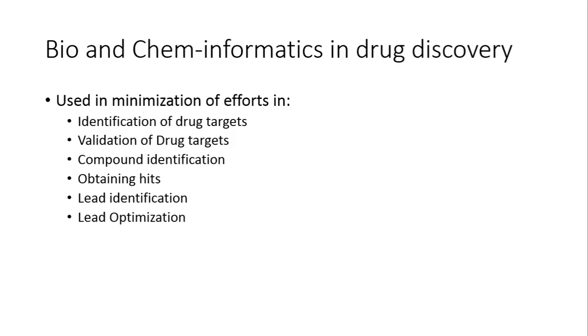You can use these bioinformatics and chemoinformatics methods for validation of the identified drug target. It can also be used in identification of suitable compounds that can be used as further hits. You can use these computational approaches in lead identification as well as in lead optimization.